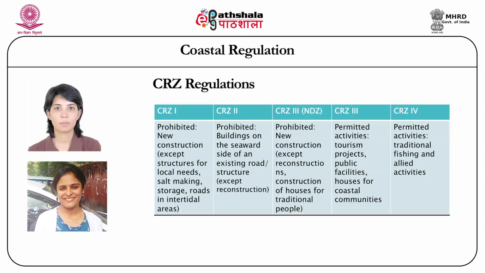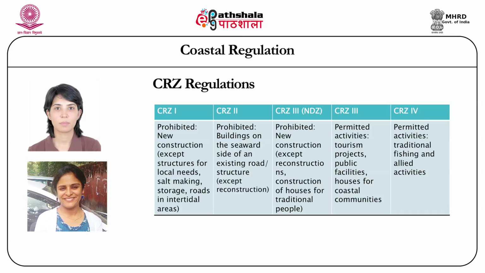In the NDZ, that is the no development zone, as the name suggests, no development or construction is permitted, except for constructions for certain activities relating to agriculture, horticulture, forestry, pastures, parks. Reconstructions and repairs of authorized structures are allowed, and also dwelling units of coastal communities are permitted in the zone between 100 to 200 meters from the STL.